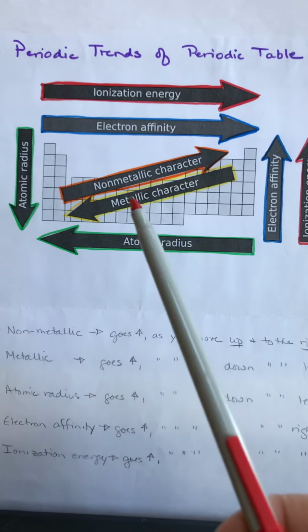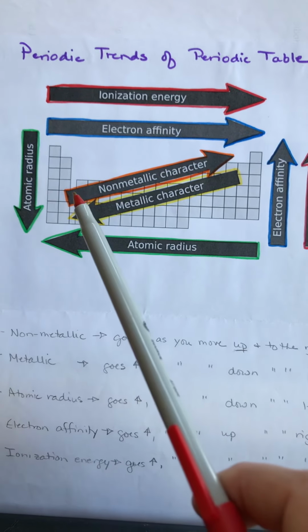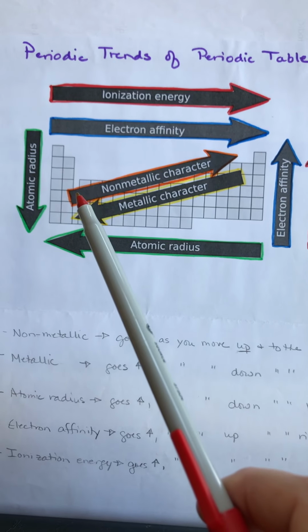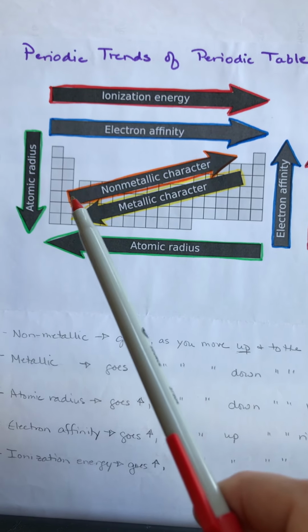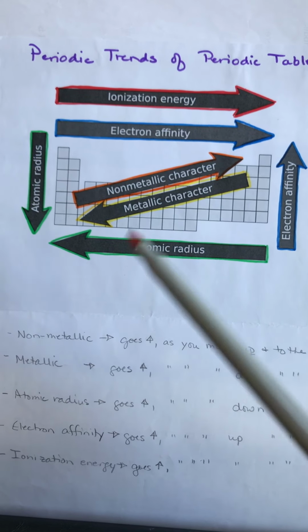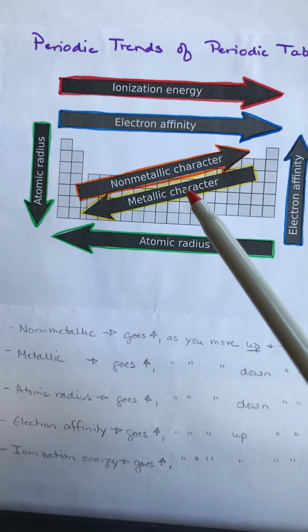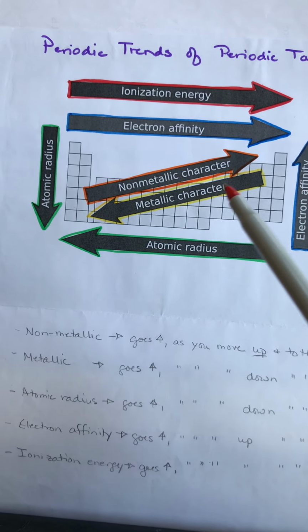Okay, non-metallic character goes up as you move to the right and up the chart. Opposite of that is metallic character.